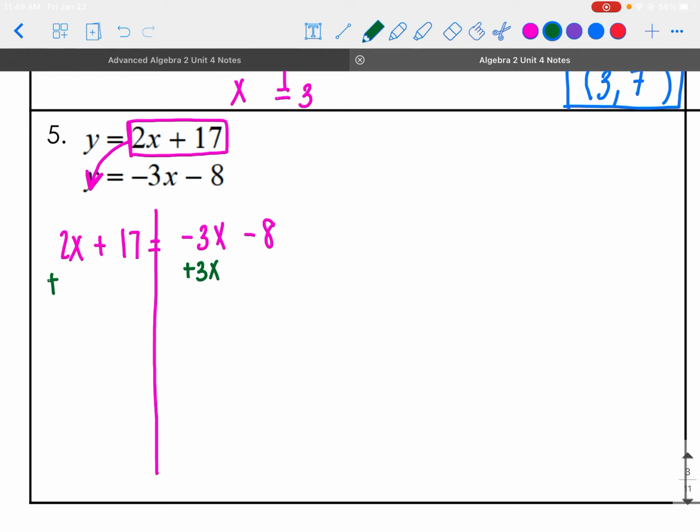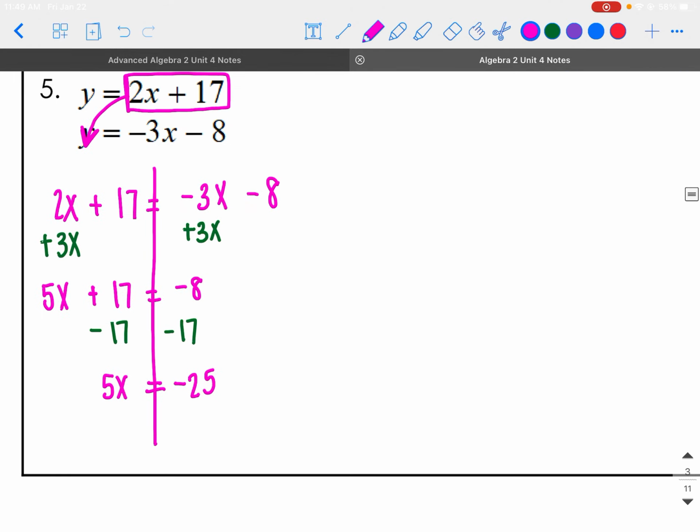So we want to get all of the x's together, so I'm going to add 3x to both sides. So that gives me 5x plus 17 equals negative 8. And then I subtract 17 from both sides. And that gives me 5x equals negative 25.